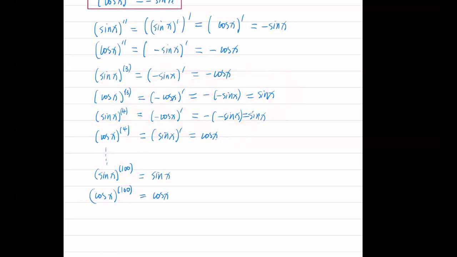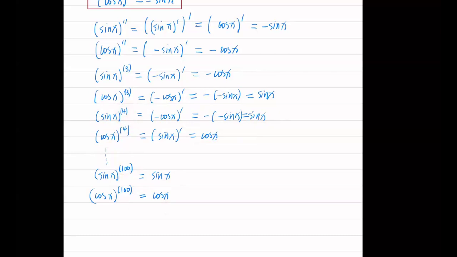Okay, normally if we do this by hand, it will take a while, but we make an observation. For sine and cosine, we do it 4 times and we recover the initial function. So every 4 times we recover the function. It's 100. If you go to 1000, it's the same thing. What about 101? That will be one more step.